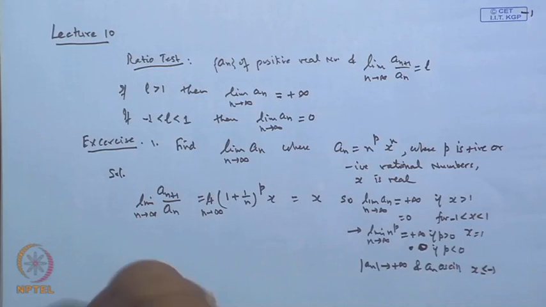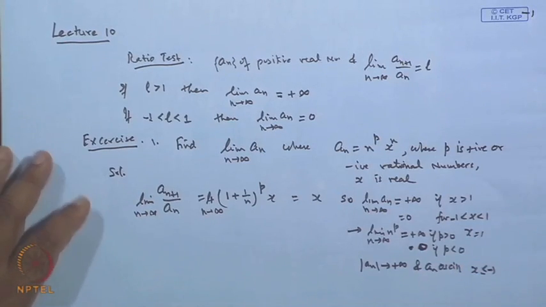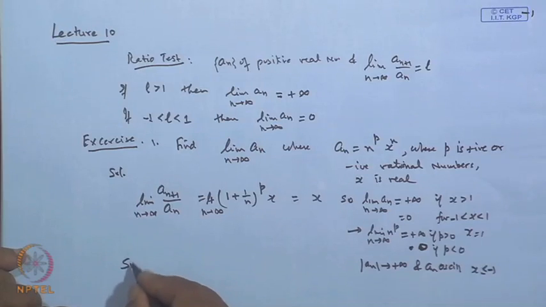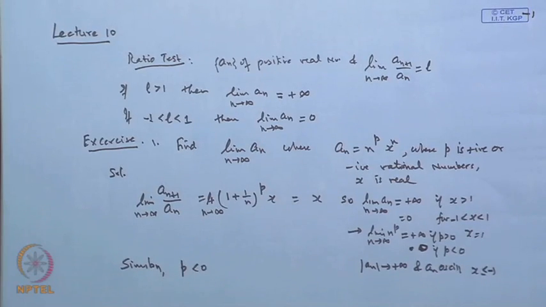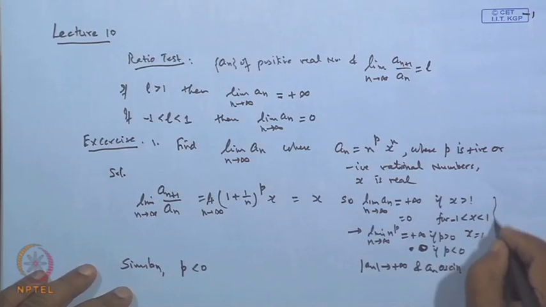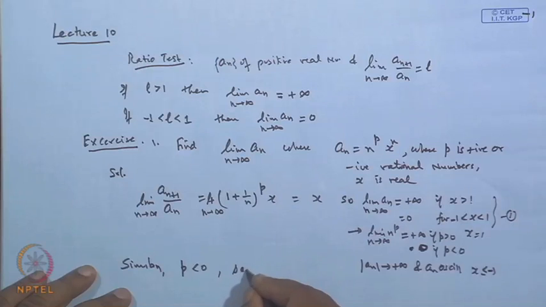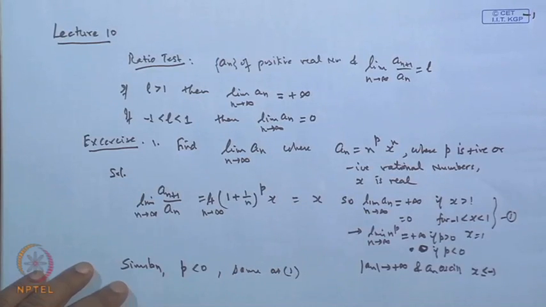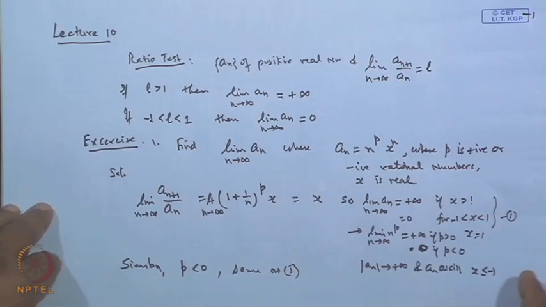Similarly, when p is negative, the same thing happens: for x greater than 1 it is infinity, for x lying between minus 1 and 1 it is 0, and for the others the same results as before. Okay, that is one.